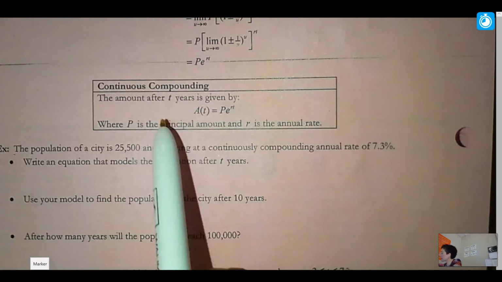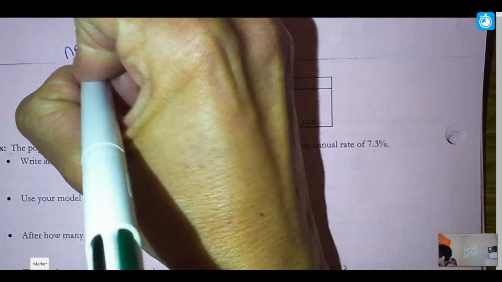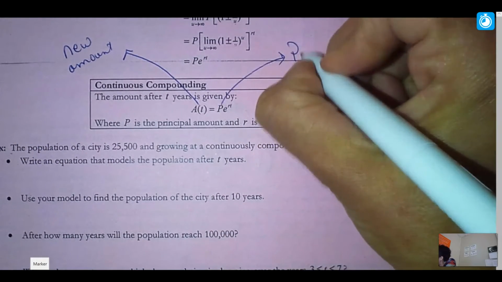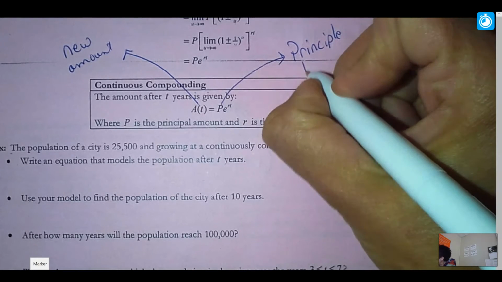And so the way this works is, again, A of t, that is still just the new amount. You have P, which is again called the principal, which is our old y-intercept. It's our beginning amount.